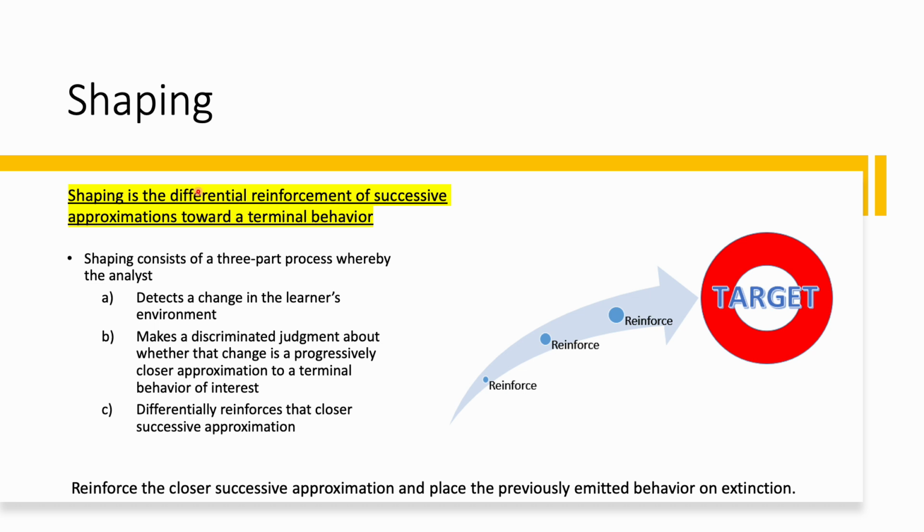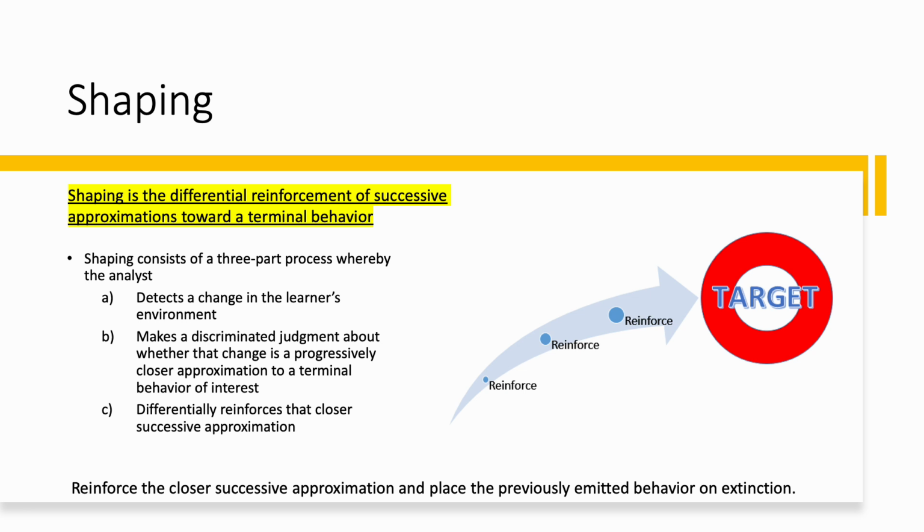That's because we are using differential reinforcement. We are reinforcing the successive approximation. But then once this response is occurring consistently, we move on to a more advanced response, and we no longer provide reinforcement for this particular response until eventually we go up the ladder and they are able to engage in that terminal goal, that terminal behavior, or that target behavior, however you choose to phrase it.